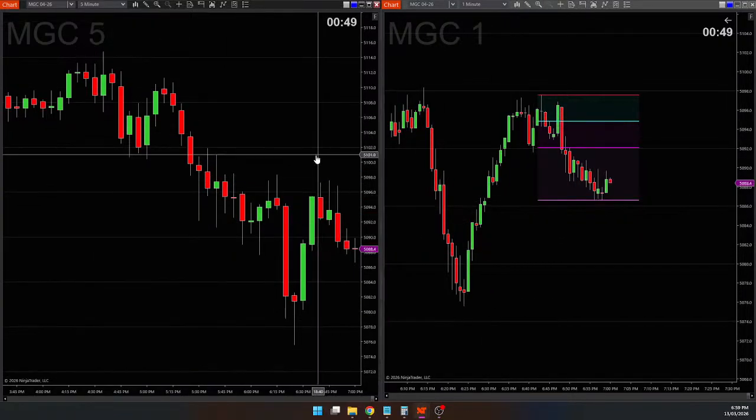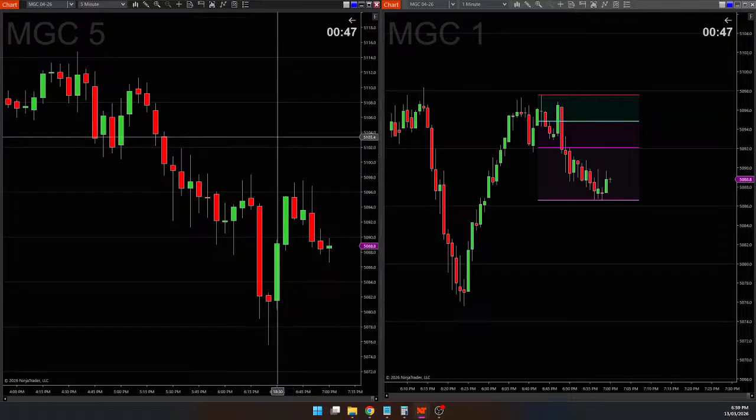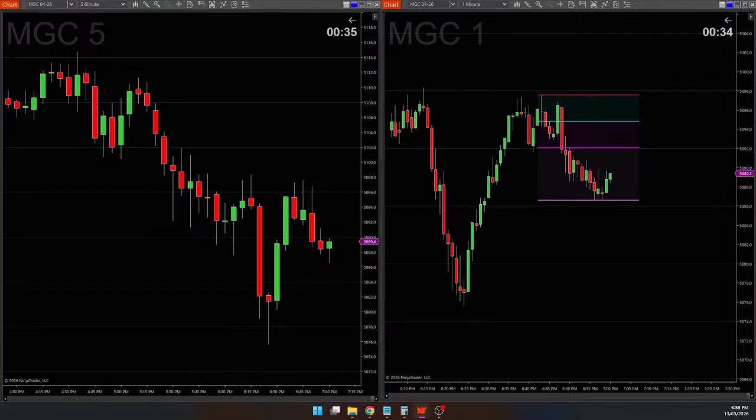Surprised I've got this patience. We've been trying to catch all of these swings just like 2 days ago, you know. Every candle.